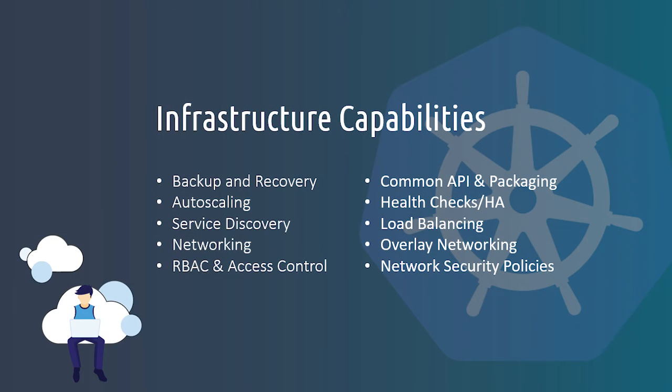Great. Okay, and what are some of the capabilities that help enable these benefits in Kubernetes? So, in the traditional IT world, if you need backup and recovery, disaster recovery, that type of thing, you have to set up a lot of complex infrastructure.